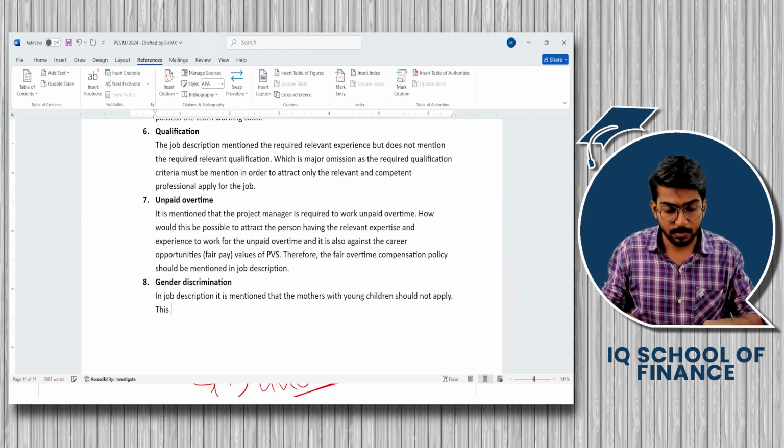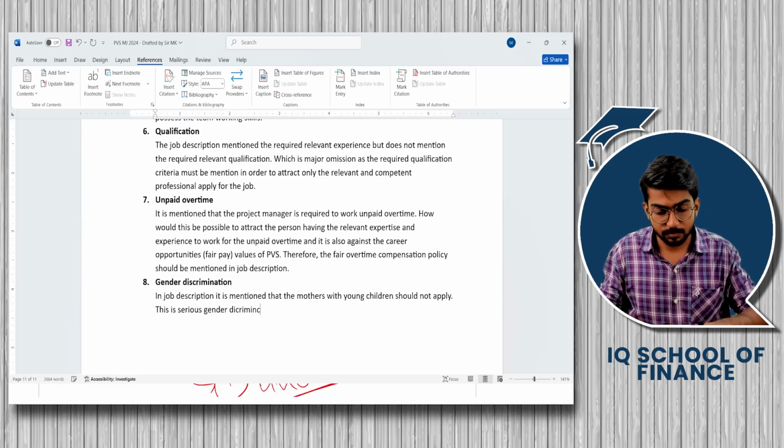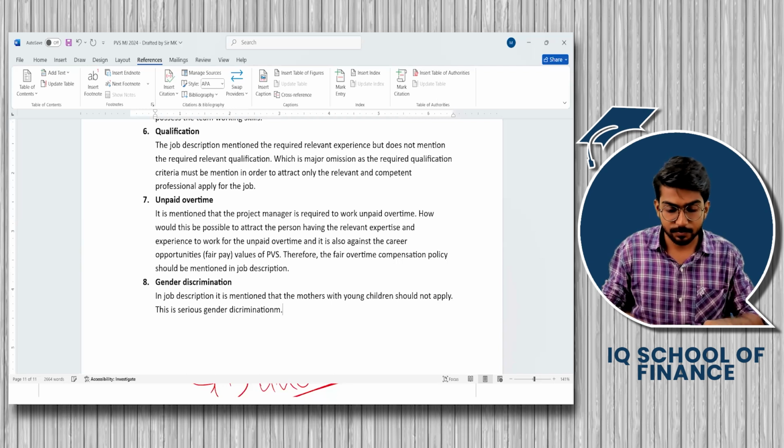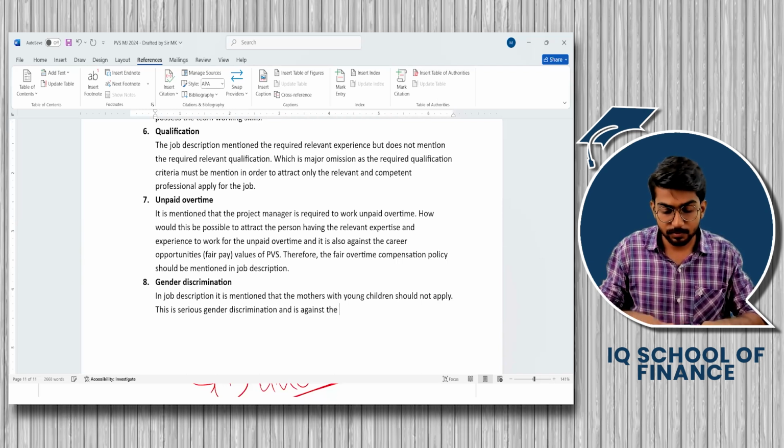This is serious gender discrimination, right? And is against the values of the PVS. Hence, this should be corrected in the job description.